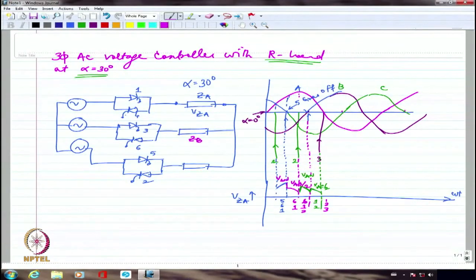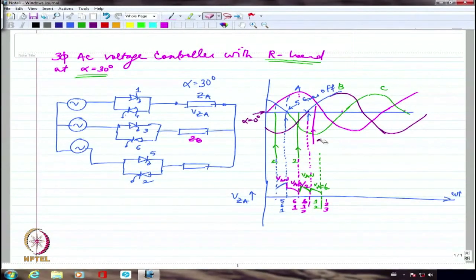Here. So have I made a mistake in writing the firing angles? This is 1, this is 2, this is 3. Sorry. This is where 3 is. This is where 3 is. So this has to be erased again. Right? So this is where 3 will be fired.